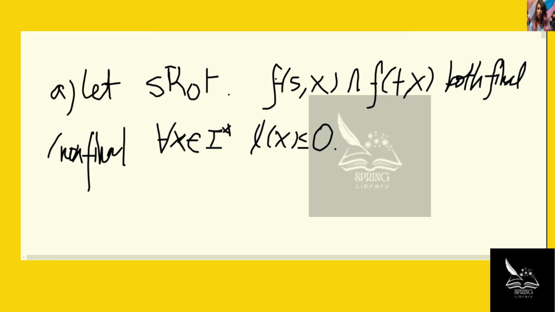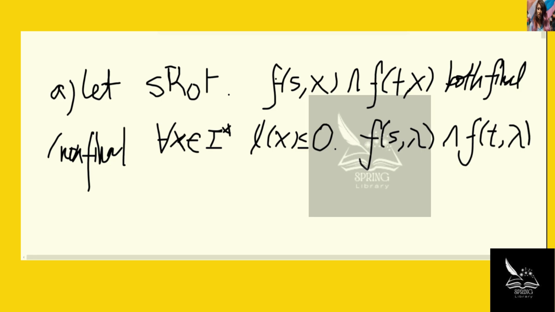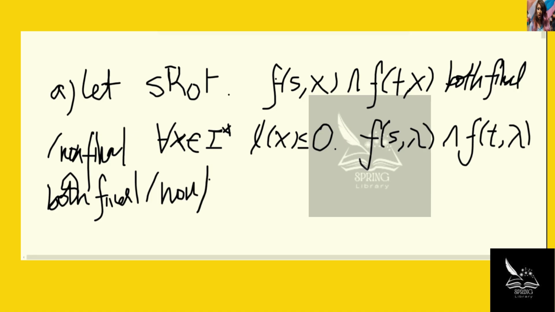In other words, since lambda, the empty string, is the only string of length 0, it follows that f of S lambda and f of T lambda are either both final or both non-final states, where lambda is the empty string.